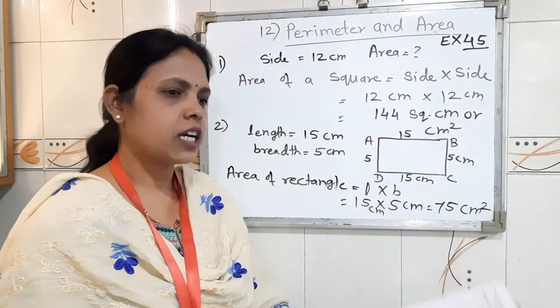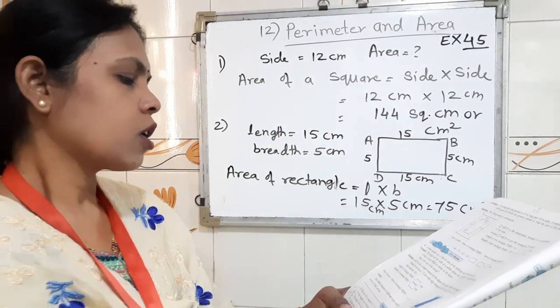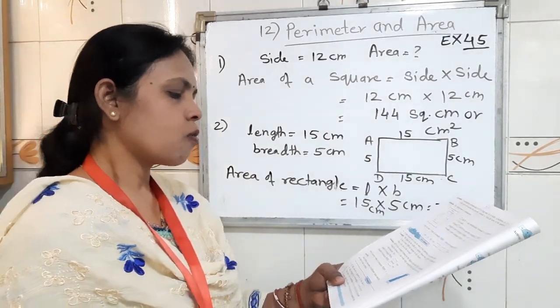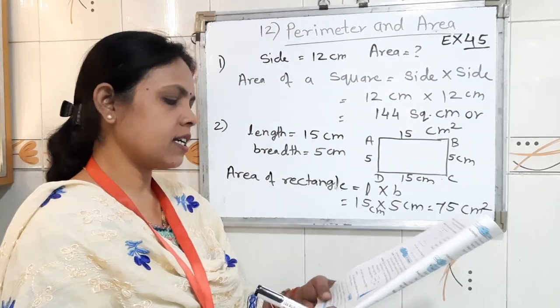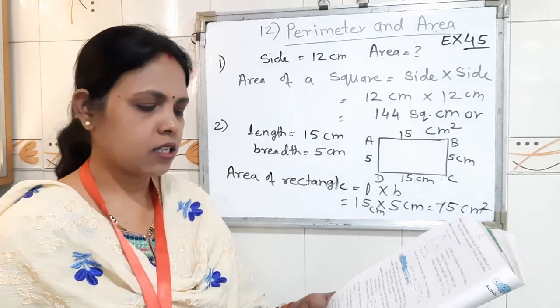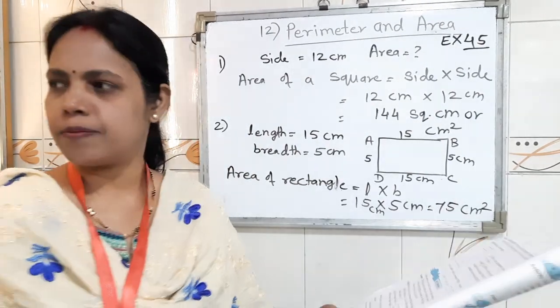In question number third, the area of a rectangle is 102 square centimeter. If its length is 17 centimeter, what is its perimeter?